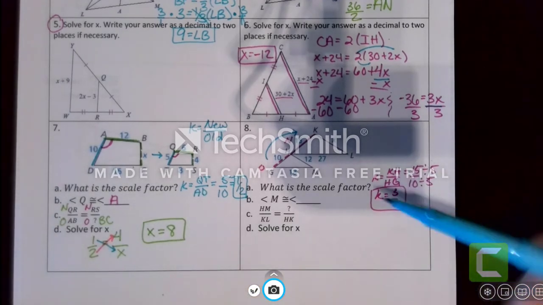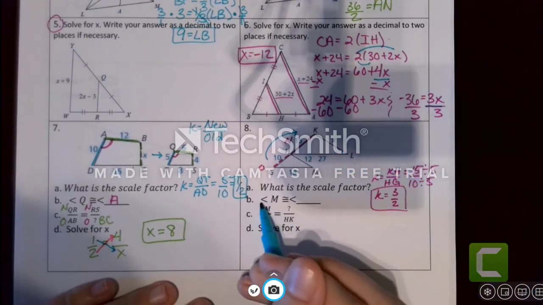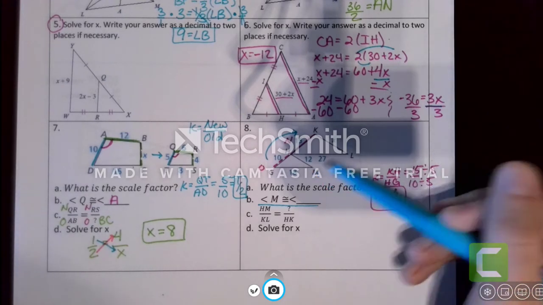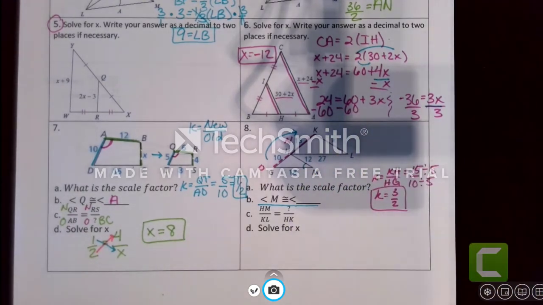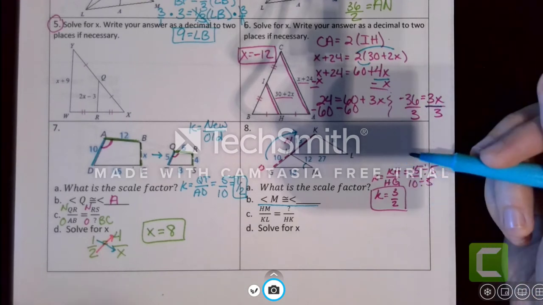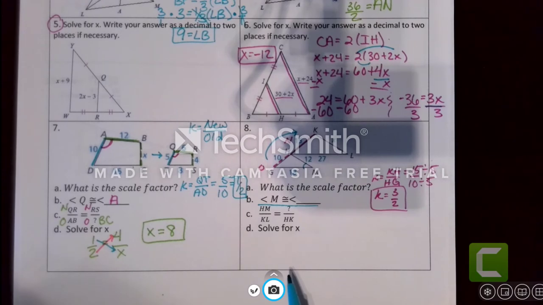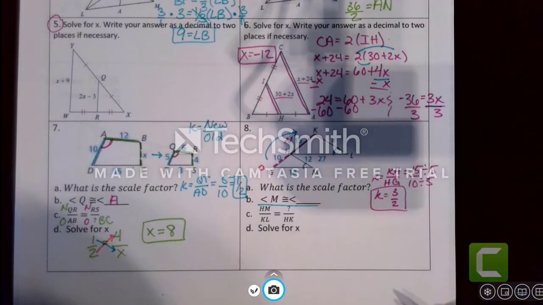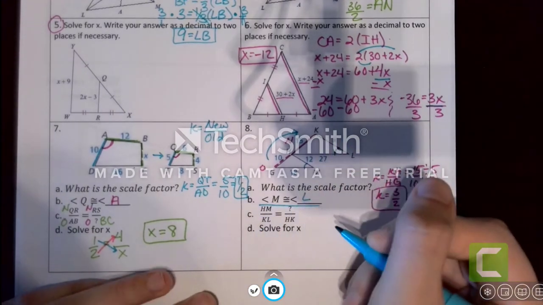Now again, we have similar figures here, so if you have similar figures, that means that congruency and angles exist. And since they're in the same position, I can look for what's proportional to each other based on their positioning. So if angle M has a congruent angle, L must be its partner. Angle M is congruent to angle L.